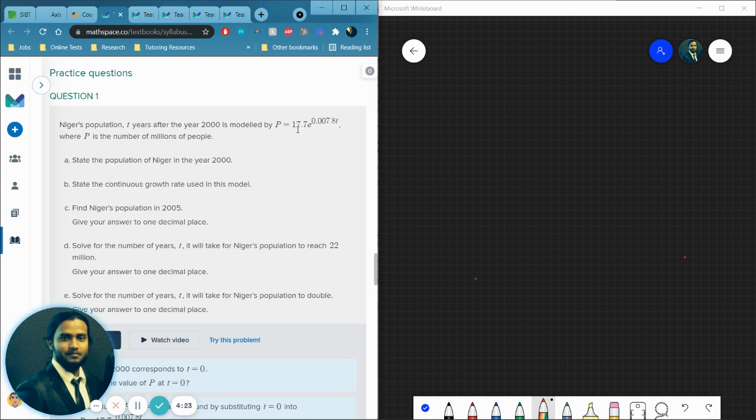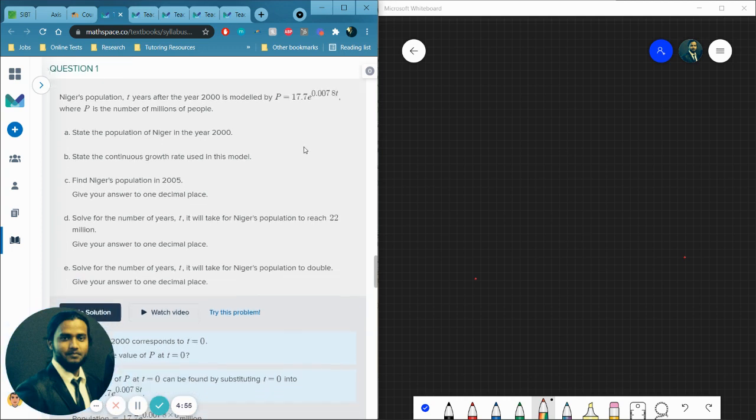Remember, P equals P naught e to the power kt. So this is our P naught, this is our constant. If you compare with that, this would be your initial population, and P is the population at a certain time after 2000. Now, state the continuous growth rate used in this model. That's the constant 0.0078, that's the growth rate.